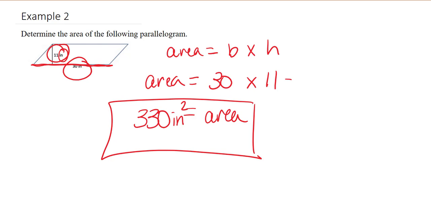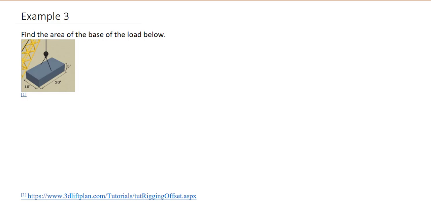Now let's look at the final example, example 3. We're going to find the area of the base of the load below. So if we look at the base, if we were to take this out, we have a 20-foot length, and then this would be 10 feet, because this little line indicates feet.